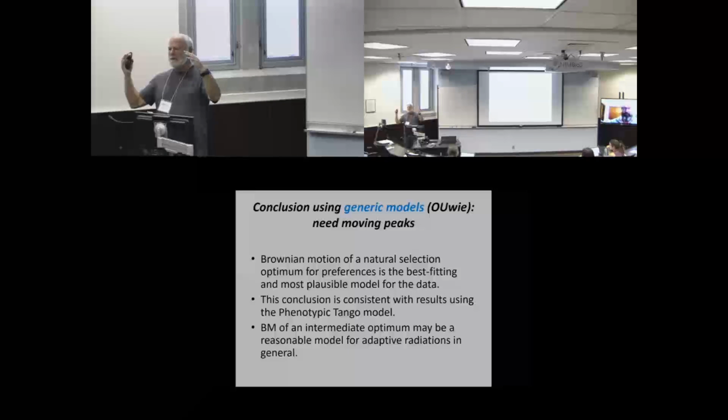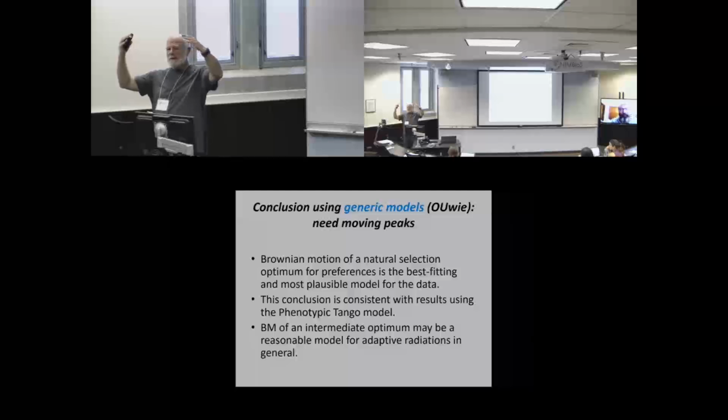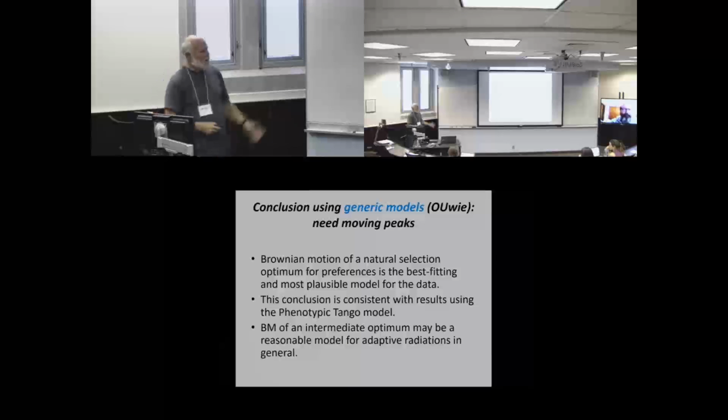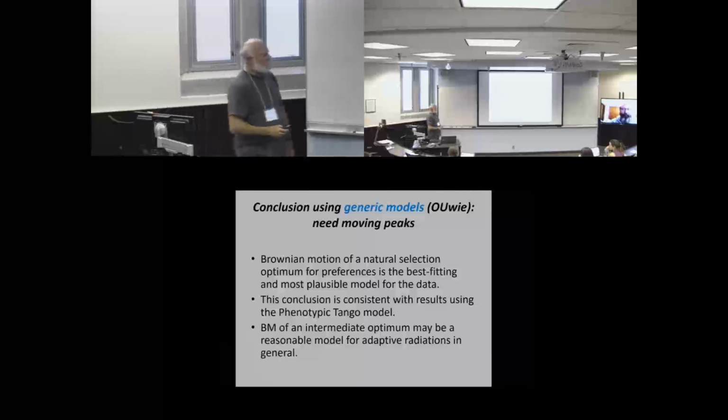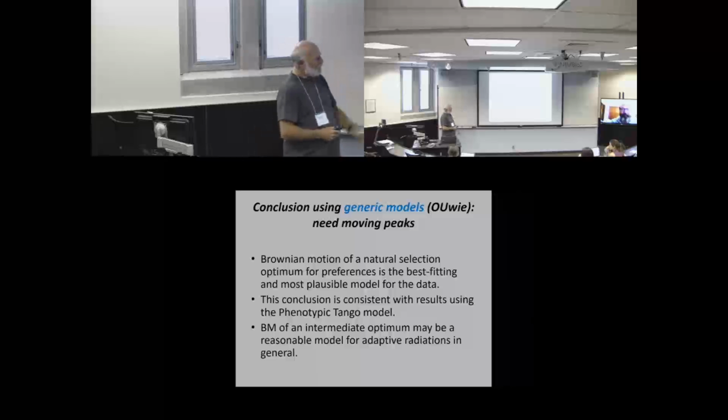You end up having to assume that you've got only hundreds of individuals in your population, very weak, under the genetic drift interpretation, very, very small population or very weak stabilizing selection to account for the model under the Brownian motion of the genetic drift of the mean.